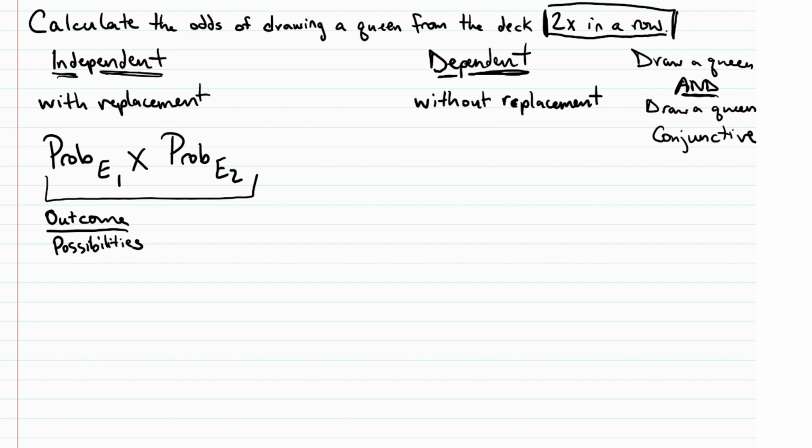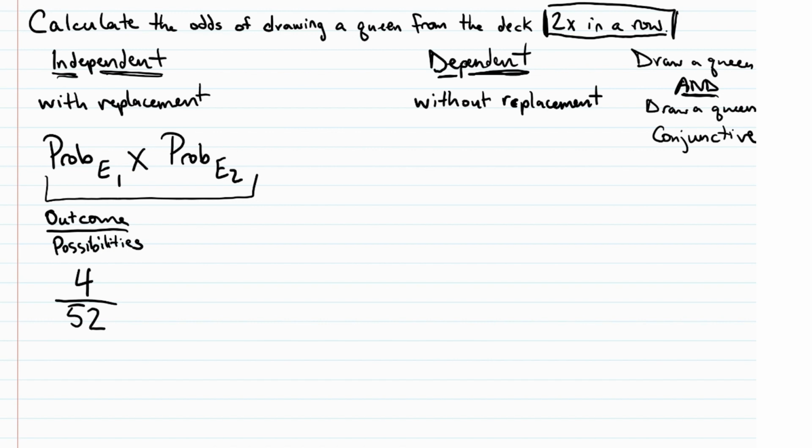How many ways are there to have a successful outcome? Well, there are 4 ways, because there are 4 queens in a deck. But how many different cards can you draw? That number is 52. So that number is enormous. There are lots and lots of different cards you can draw.